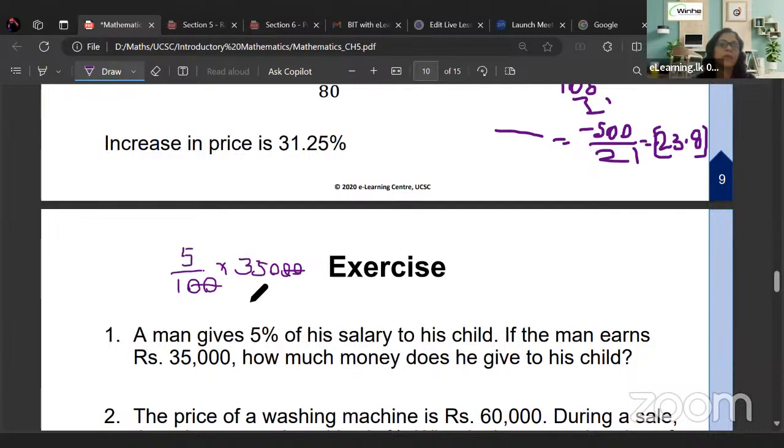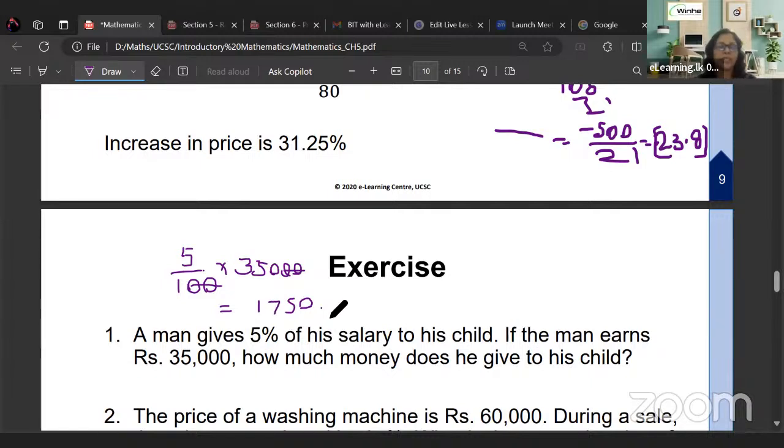Then multiply the 350 by 5. 5 into 0 is 0, 5 into 5 is 25. Keep 5 here and carry the 2. 5 into 3 is 15, plus the 2 that came from 25 is 17.